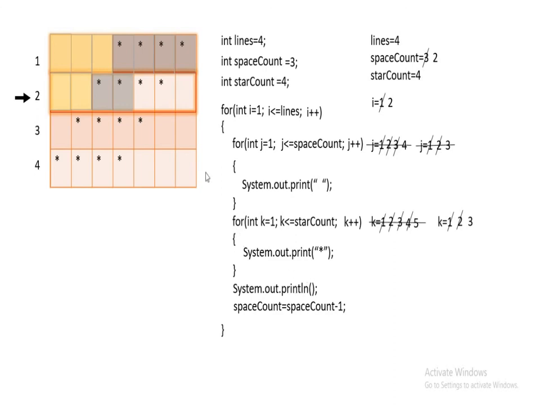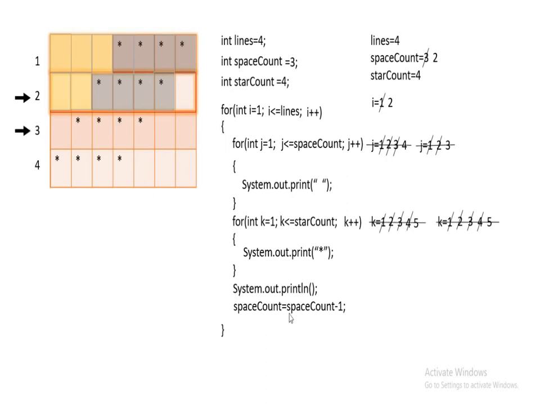So print star. Then k++, k becomes 4. 4 is also less than or equal to 4. Print star. Then go back to k++, k becomes 5. But 5 is not less than or equal to 4. So end this for loop and print a new line.